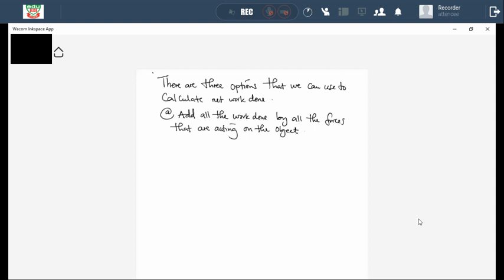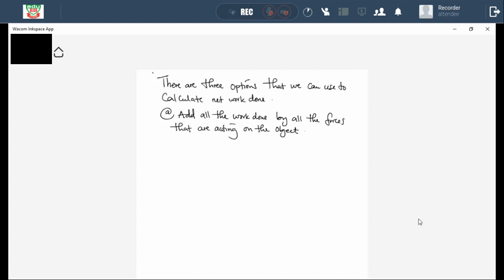We are putting together all the work done by all the forces, though we know that all the perpendicular forces do not work. Like if an object is on the ground, our Fg is perpendicular to the ground, so it does not work. And if we don't have any force at an angle, our Fn also does not work because it is perpendicular to the surface.